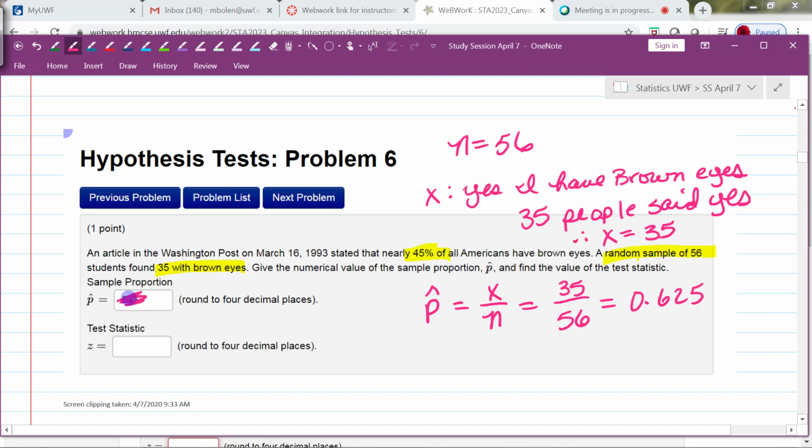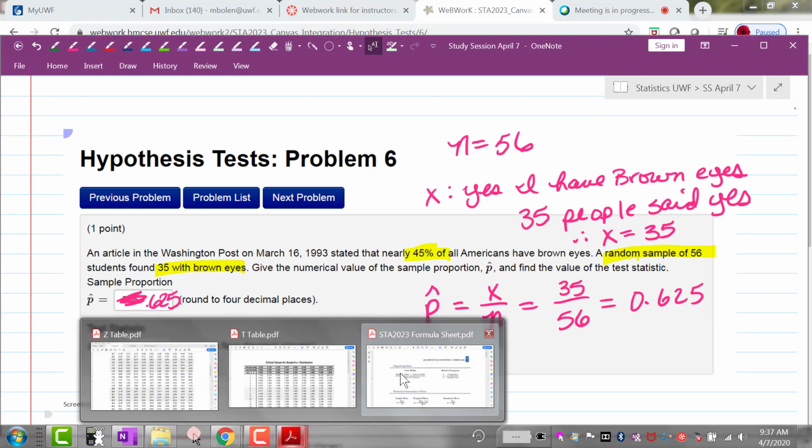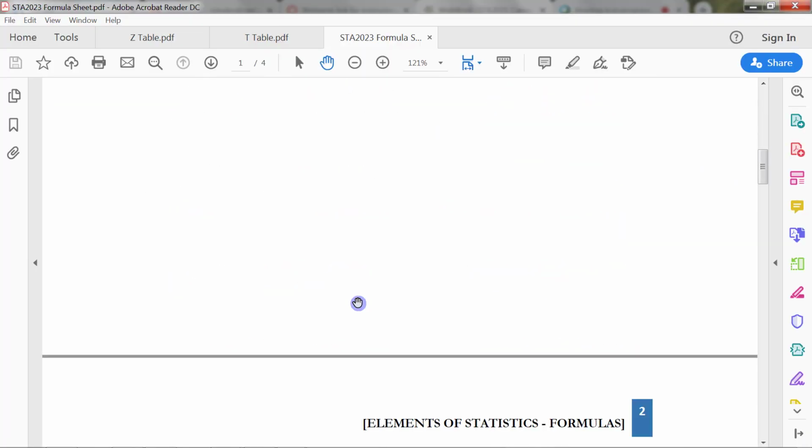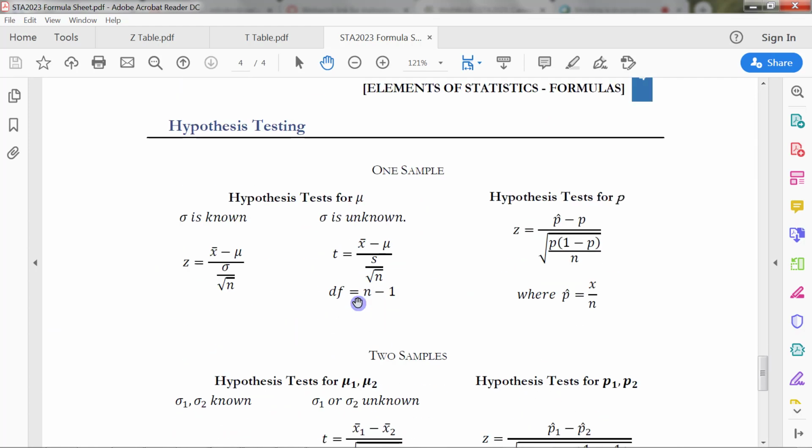So right here is 0.625. Now for our test statistic, we're going to pull up our formula sheet, and we're going to go to page 3 or 4. I think it's page 4. Yep. So here is our test statistic formula.